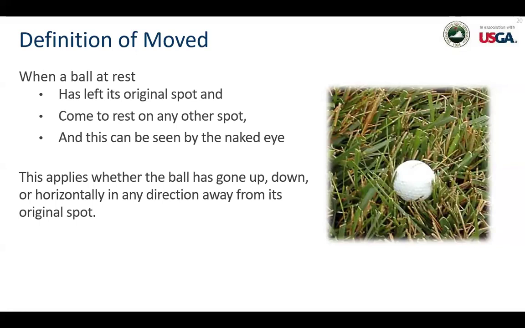So it actually has to leave its original spot and come to rest on another spot. They did add the naked eye clause here, so we cannot use any HD high-speed videography to determine. So if it can be seen by the naked eye and the other two boxes are checked, so it's left its original spot and comes to rest on another spot, it has moved.